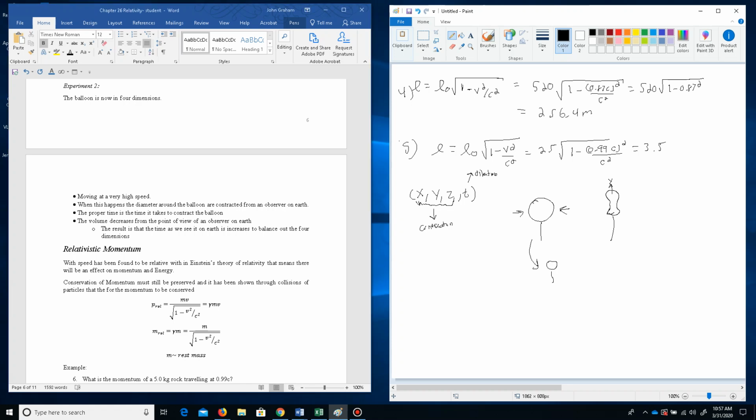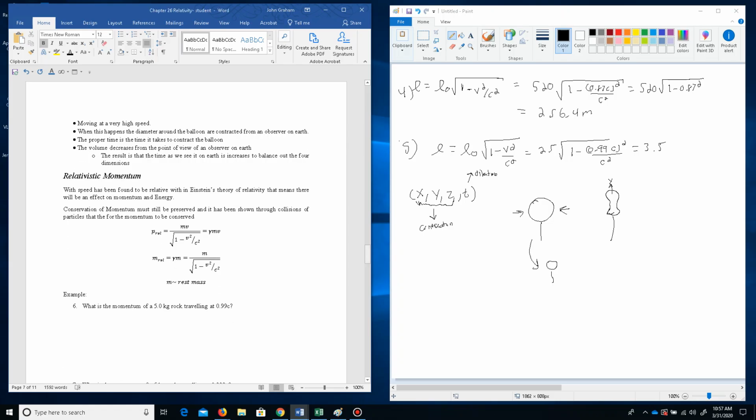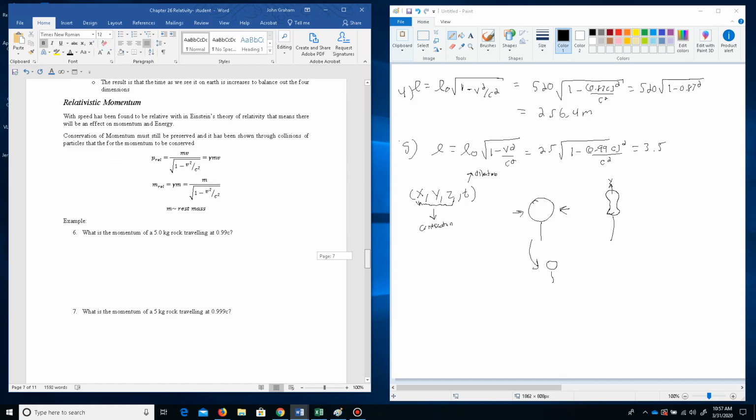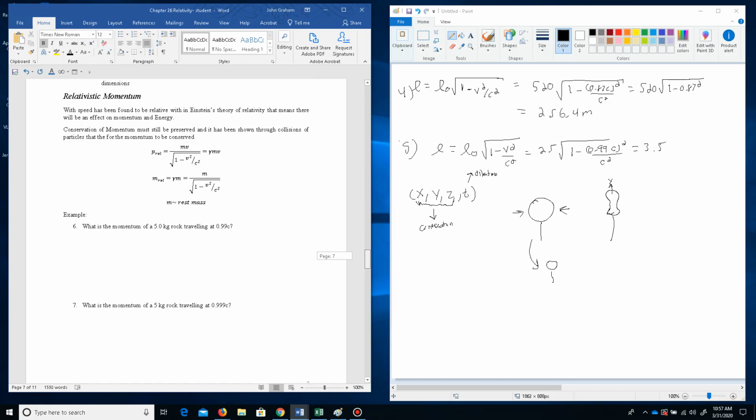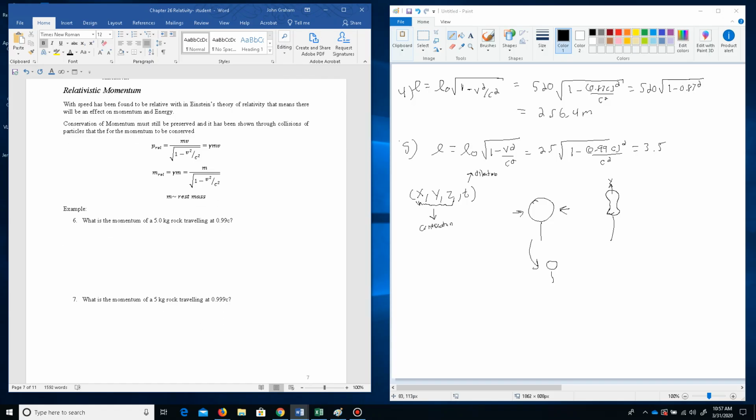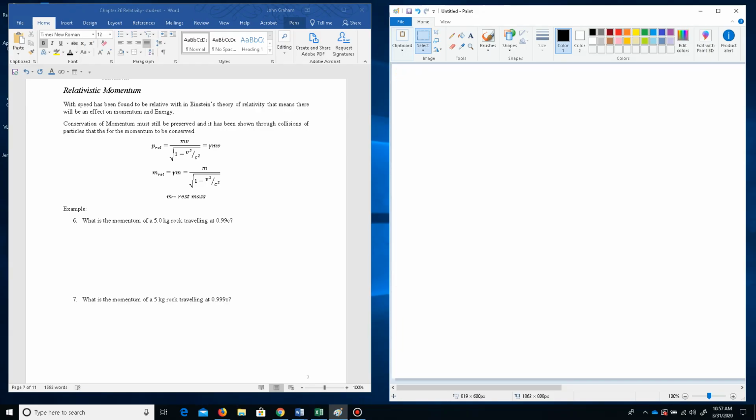Okay. So now, if time is going to change, anything that depends on time is kind of going to change too. So what depends on time? Well, let's start with momentum. Momentum is mass times velocity. Well, what's velocity?